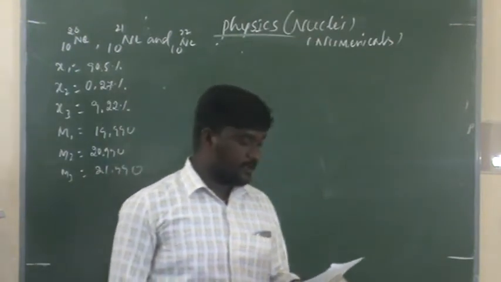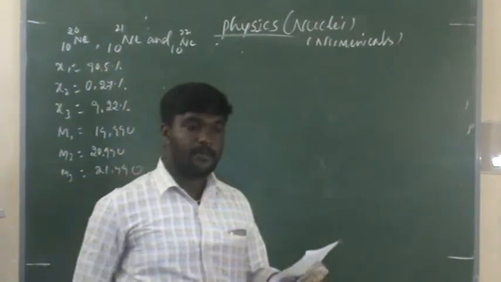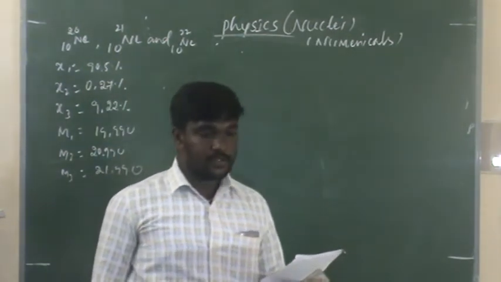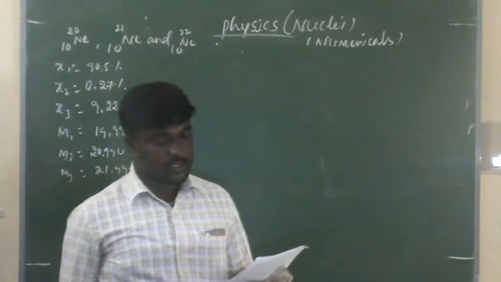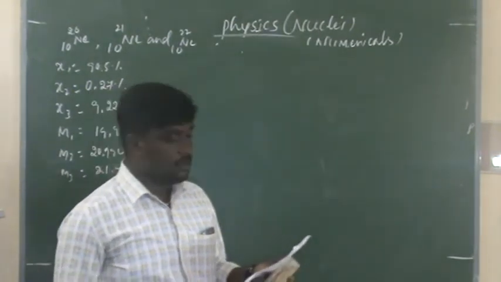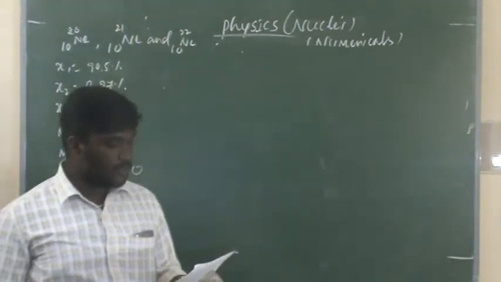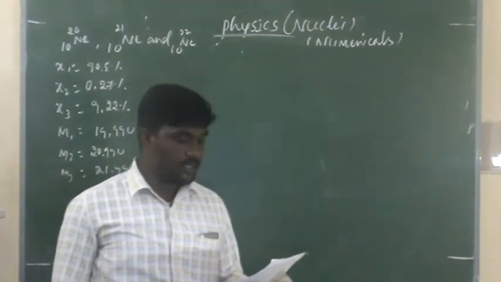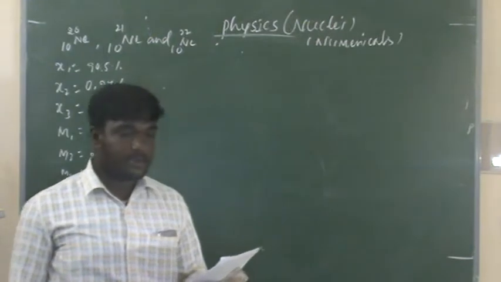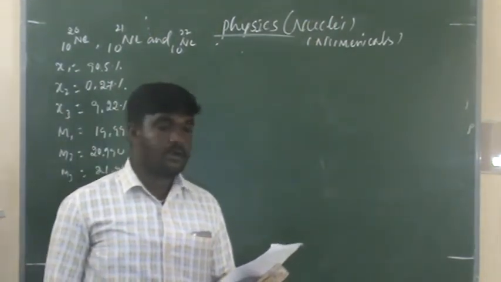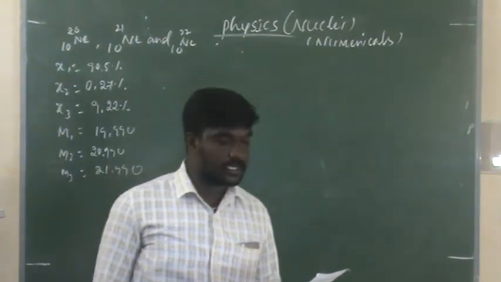So what is given? When a numerical is given, first understand the numerical. First, three isotopes of neon are given: neon-20, neon-21, neon-22, respectively with abundances 90.5%, 0.27% and 9.22%.